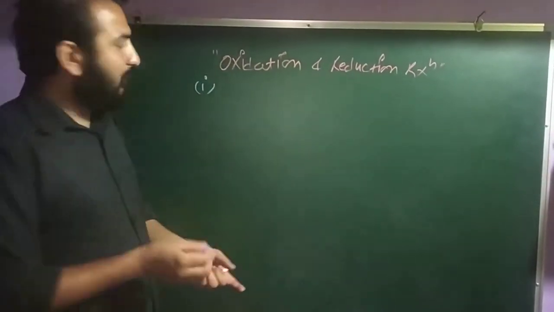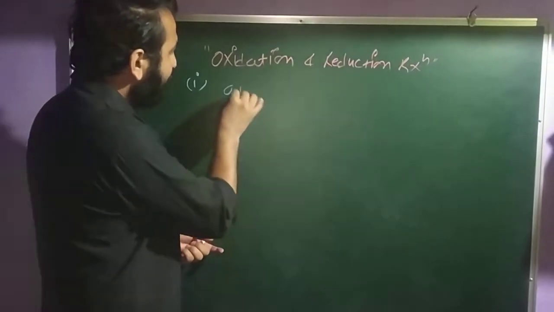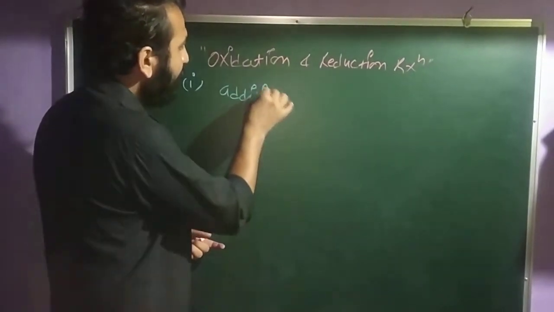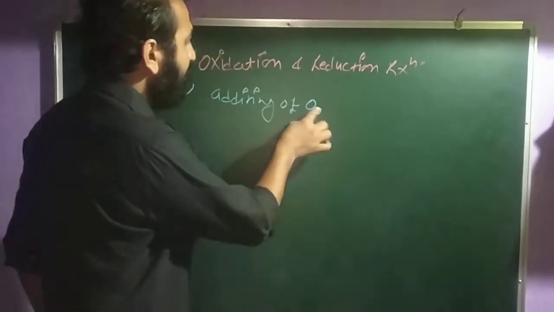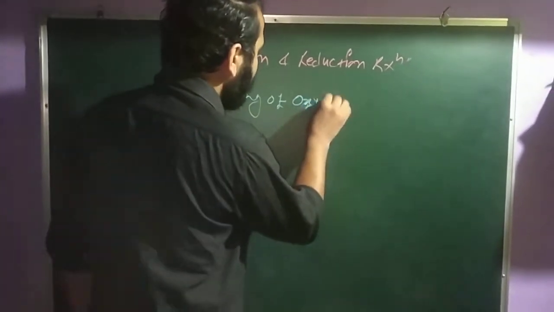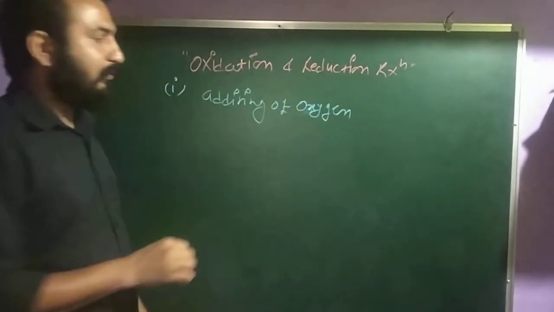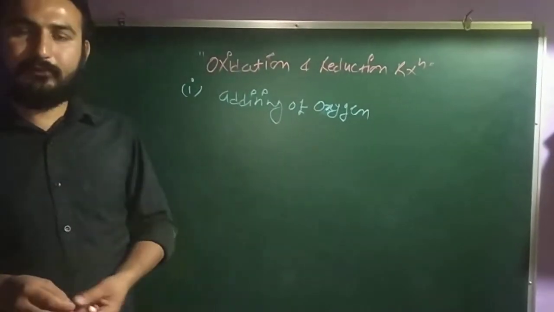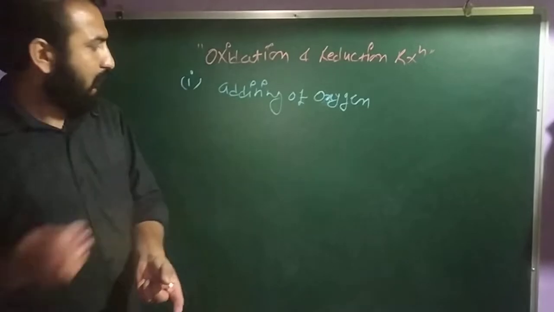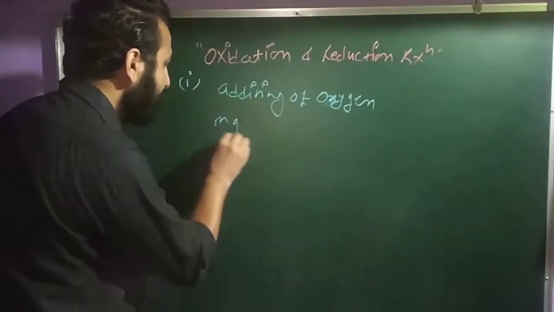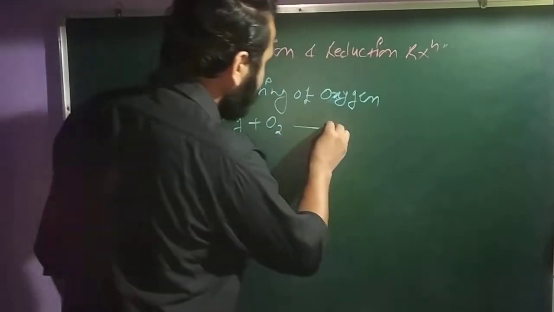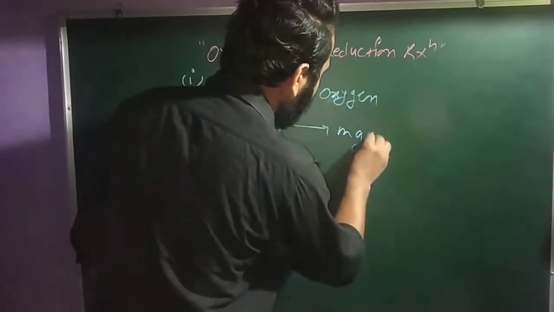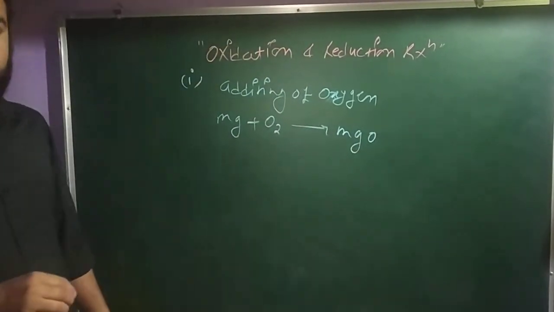The oxidation, first of all, is called the adding of oxygen. Adding of oxygen is called the oxidation. Clear? For example, you have Mg plus O2. The burning of magnesium is giving MgO.